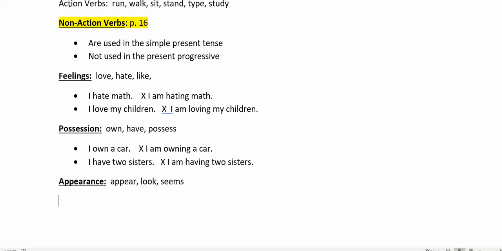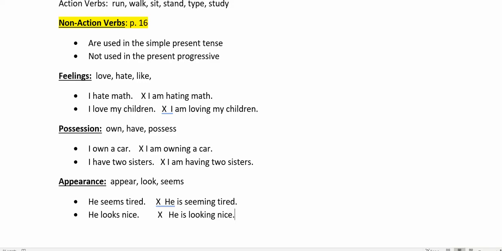Okay, so we would say he seems tired. We would not say he is seeming tired, right? He looks nice. We would not say he is looking nice.